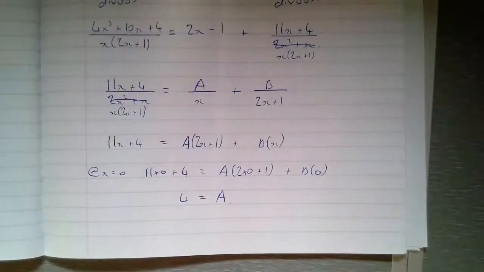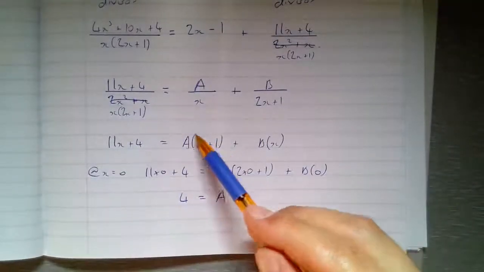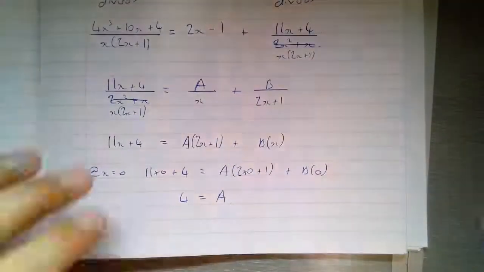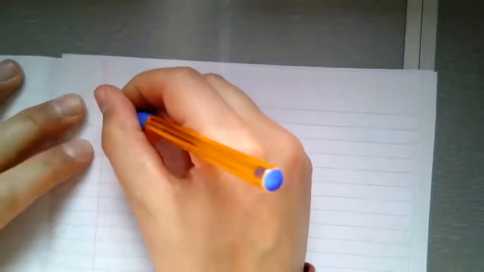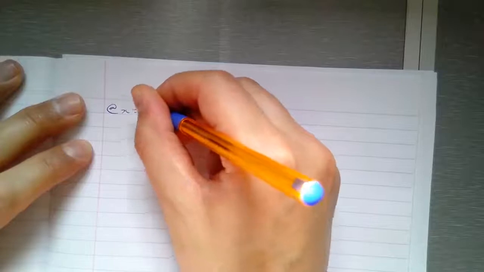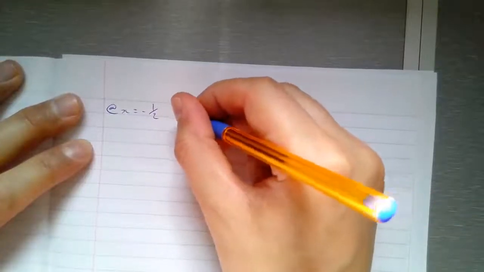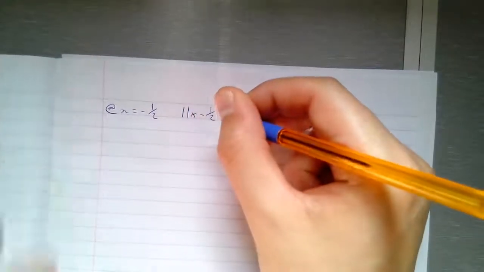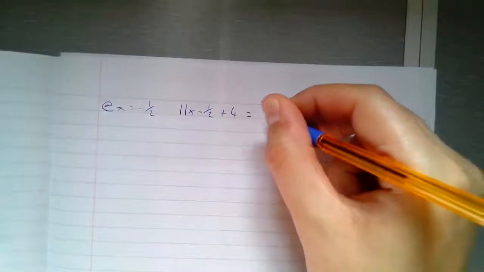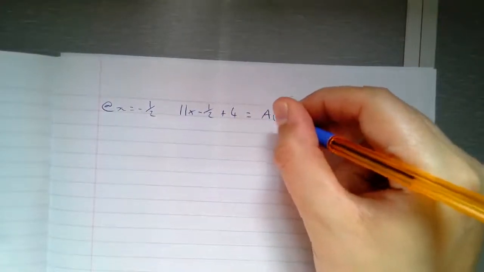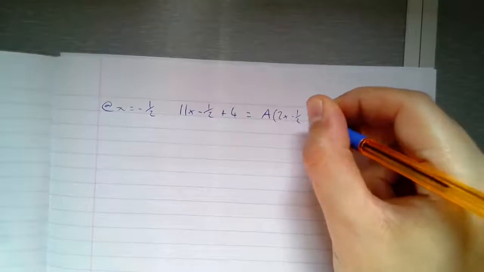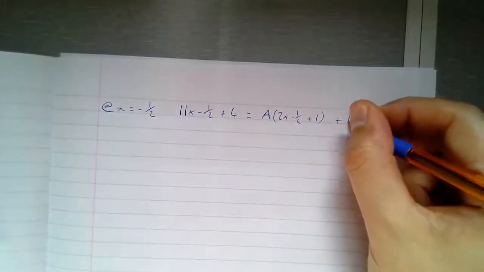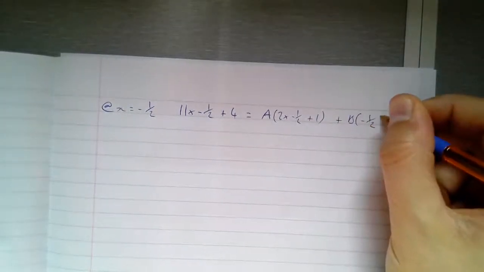Similarly, I want to try and find B now. I'm going to kill this one here by making x minus a half. So x is equal to minus a half. I've got 11 times minus a half plus 4 equals A(2 times minus a half plus 1) plus B lots of minus a half.